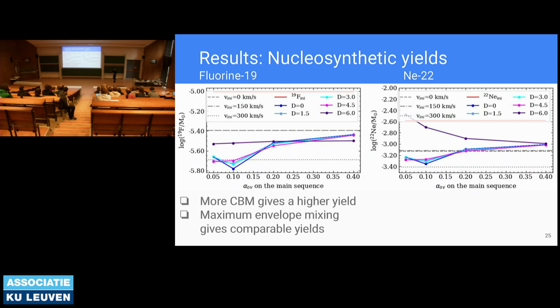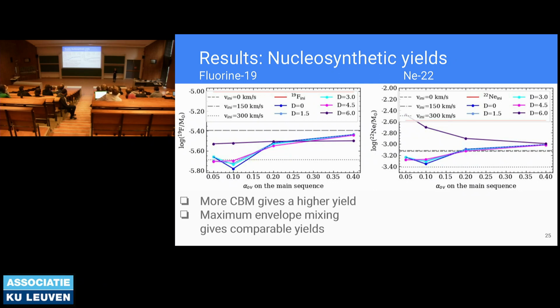If you have less overshoot, it means you move less of your neon from the envelope into the core, so you get less destruction on that side. Also, these ones had the longest main sequence lifetime, so you have the longest time to diffuse all your saved neon up to the surface.